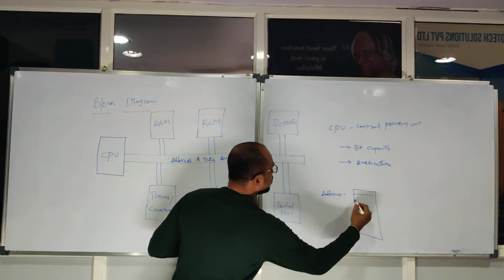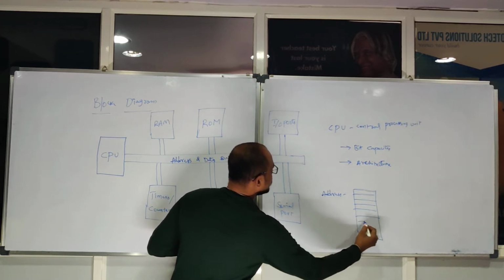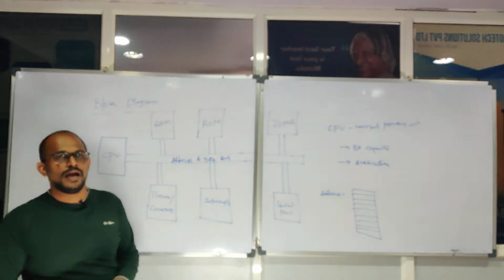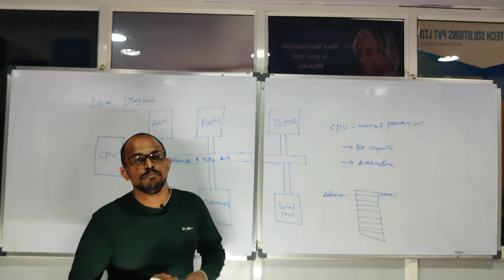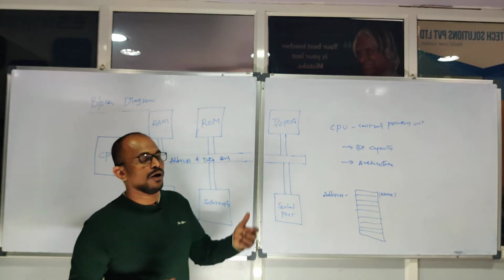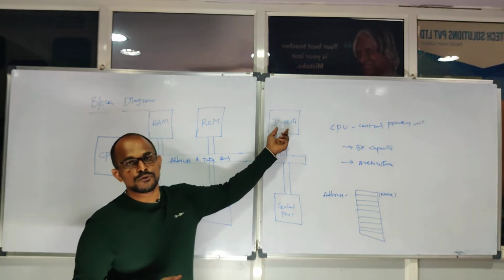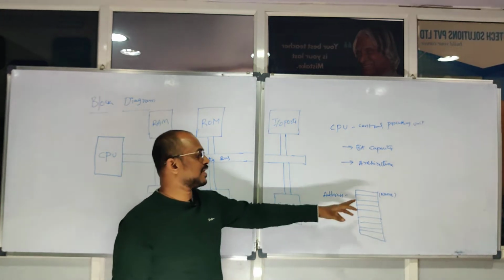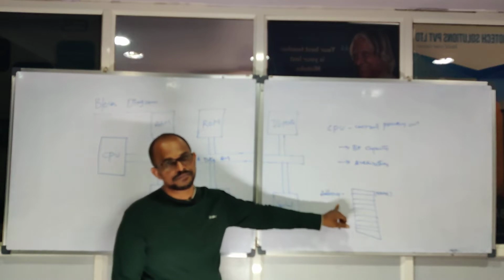Suppose you are dealing with some memory, which is divided into cells, and each cell has its own name. So if you are trying to save some information in the memory, you need to use its memory cell name, or if you are dealing with an IO port, every IO port also has its own name. So a name is technically defined as an address.